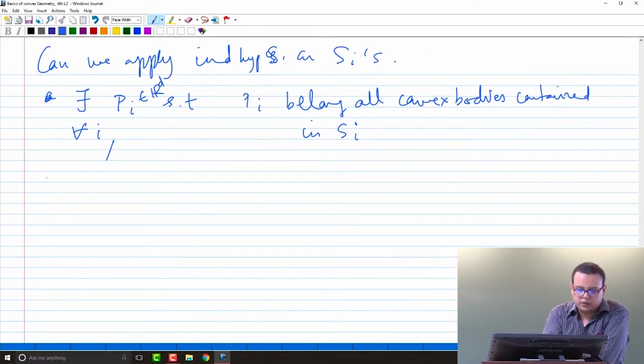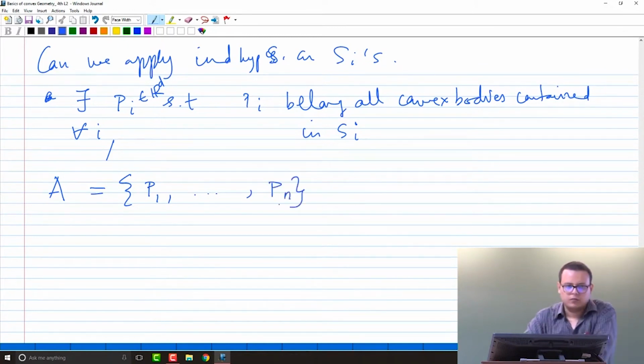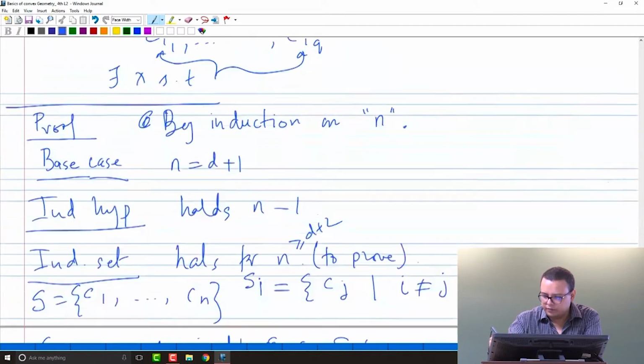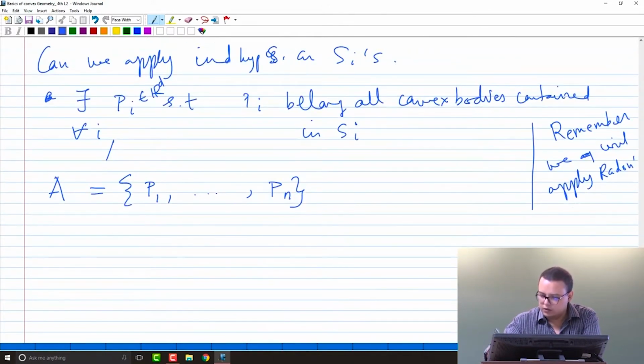Okay. So, let us make this set A, which is P1 through Pn. As I said in the beginning of the last lecture, the goal is that we will apply Radon's theorem. For applying Radon's theorem, I need a set of points of size greater than or equal to d plus 2.